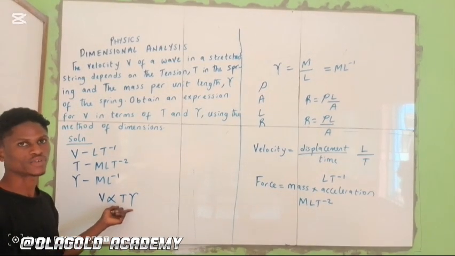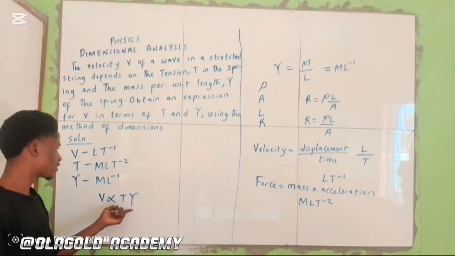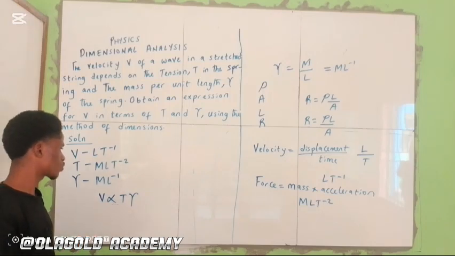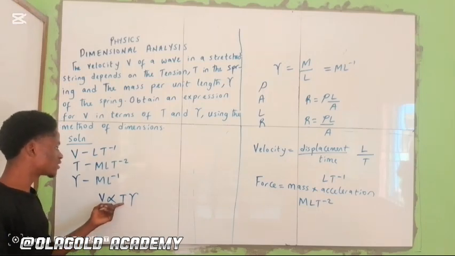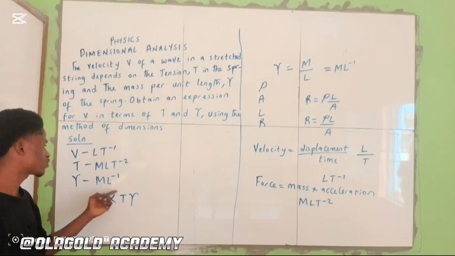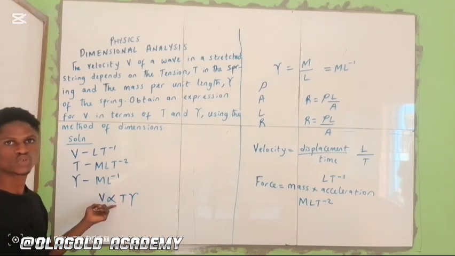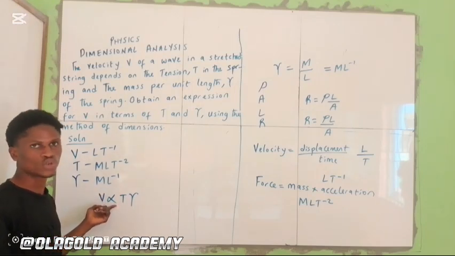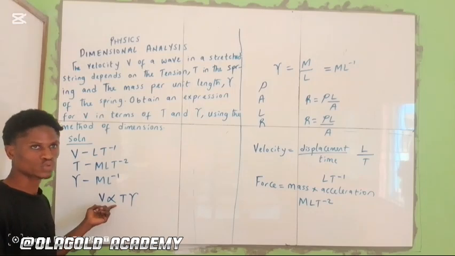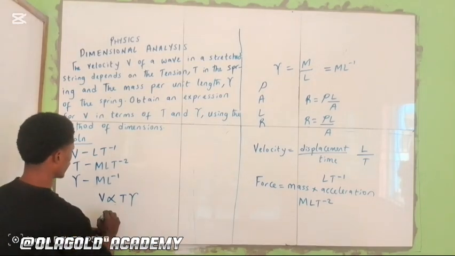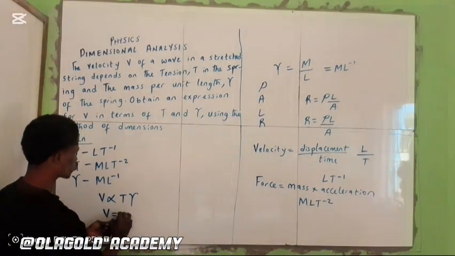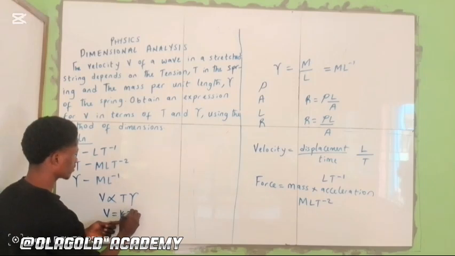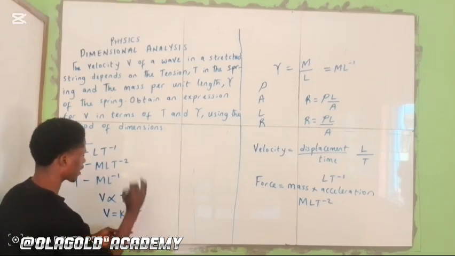So we have this. Alright, with that being done, we need to eliminate this sign of proportion. So what do we do? We introduce a constant K, so we are going to have velocity equal to K times tension multiplied by gamma.